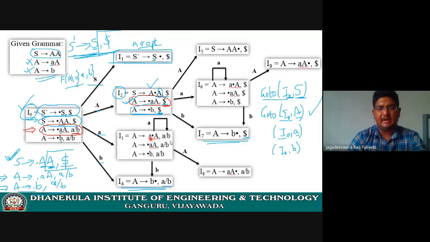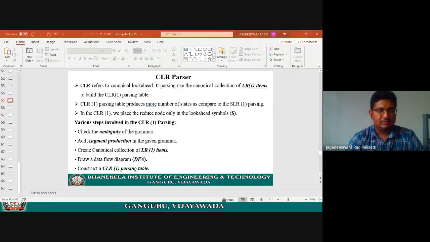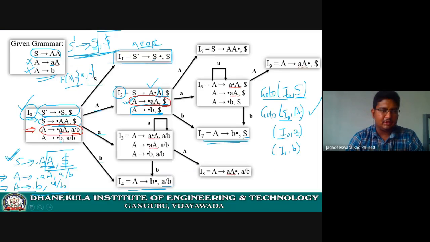So the first thing I write is A tends to small a dot capital A, comma A or B. Again repeat the closure function. Why? After the dot there is a non-terminal capital A, so obviously we add those particular production rules. This one has been added, and this one has been added.